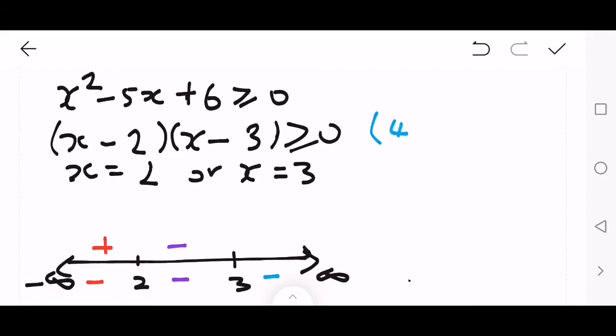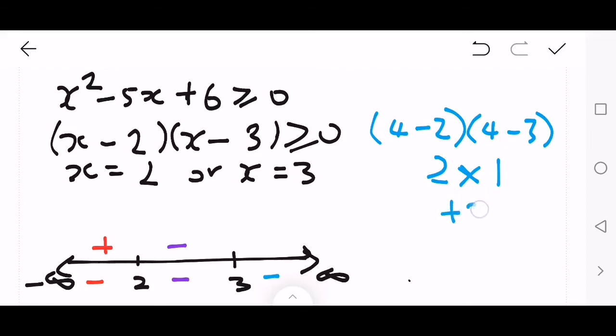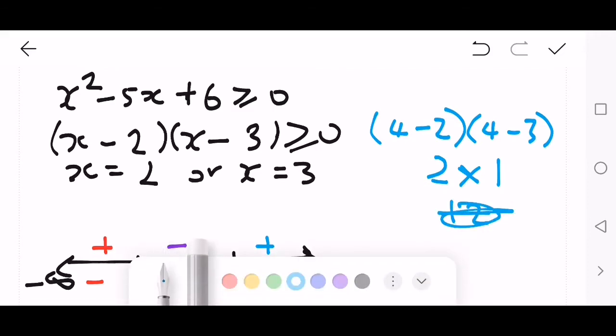So substituting a 4 minus 2, and a 4 minus 3, 4 minus 2 is 2, times 4 minus 3 is 1. 2 times 1, that is a positive 2. So we'll have a positive here.